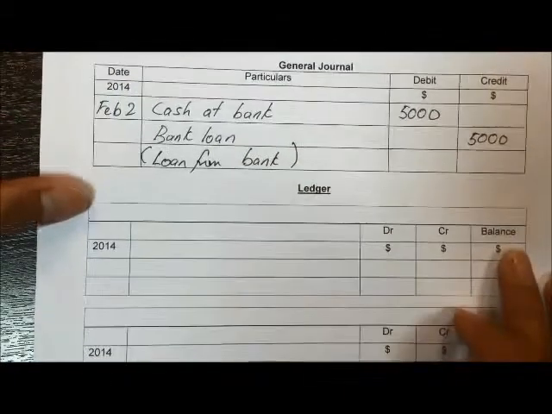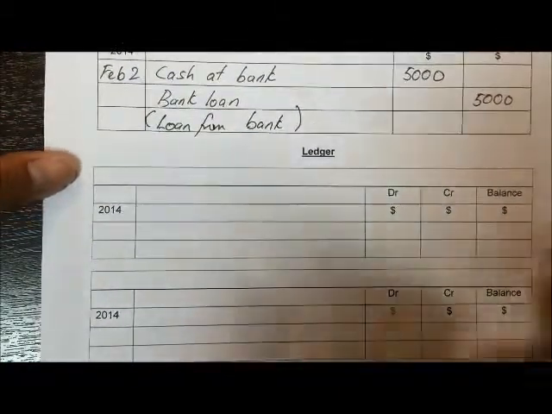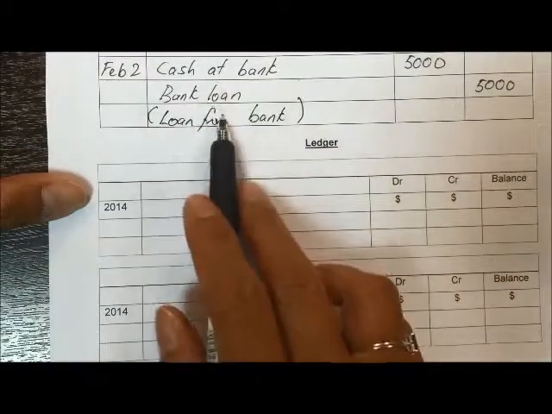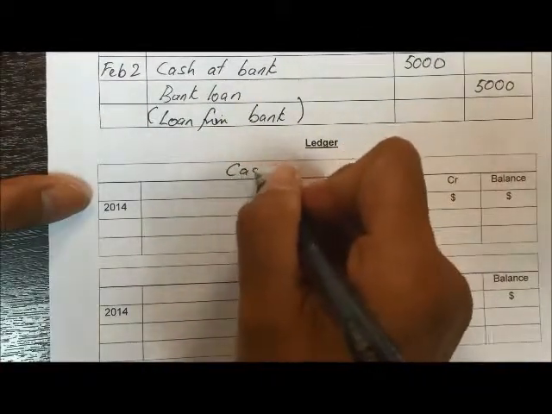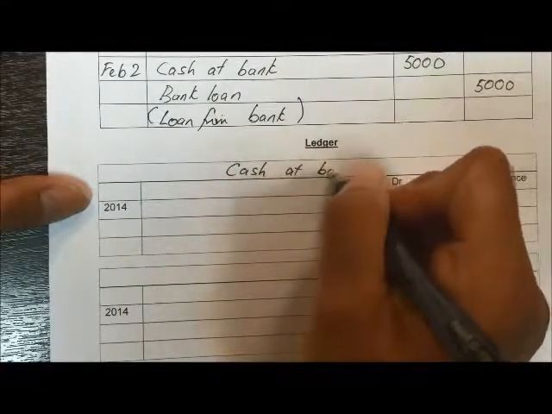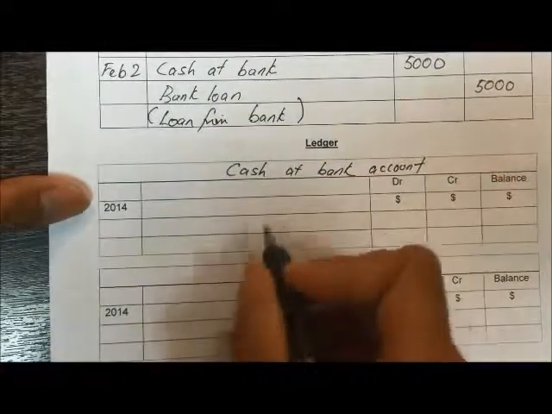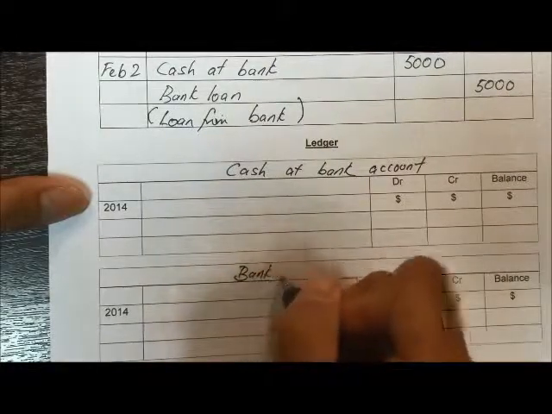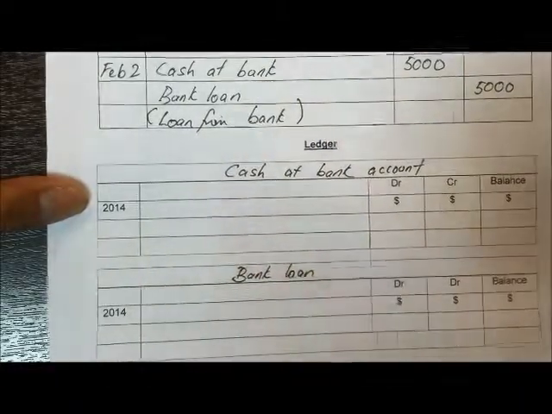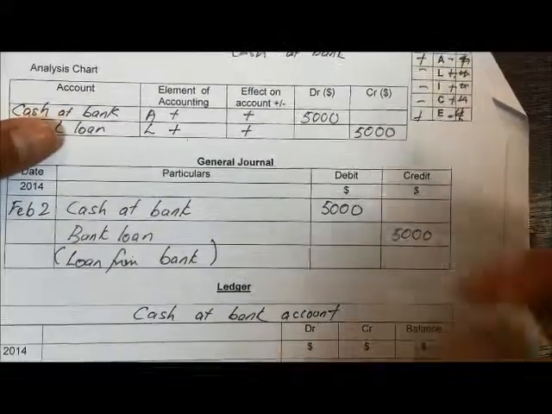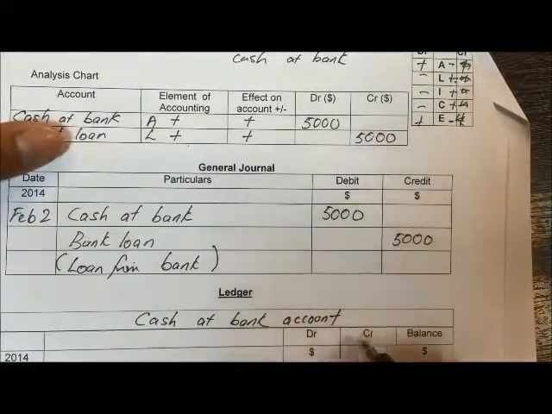Now we are going to post it to the ledger. What are the two account names? We write down the cash at bank account, then we write down bank loan. Next we want to form a habit, as I said just now: write down the plus and minus here.